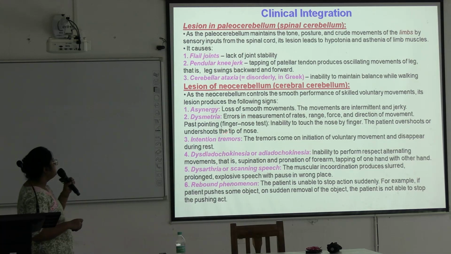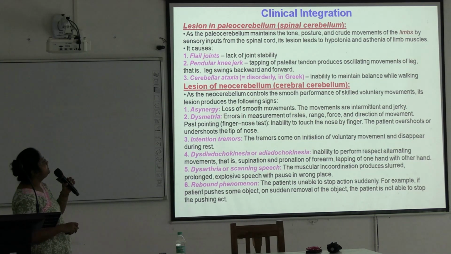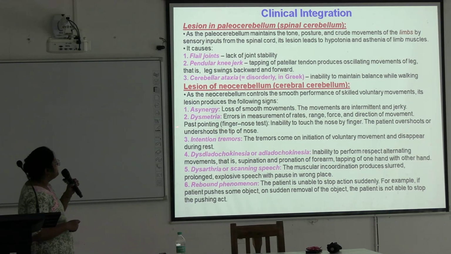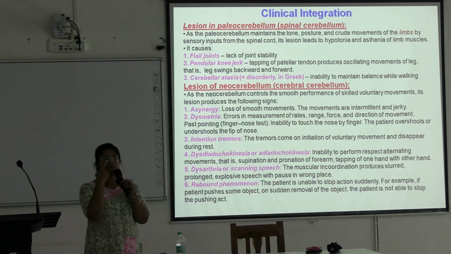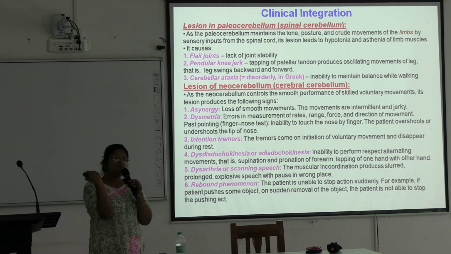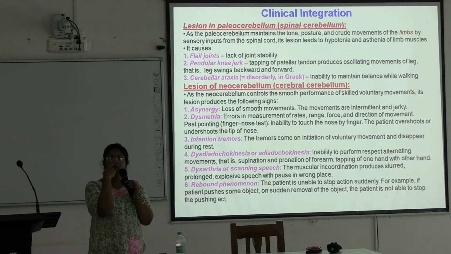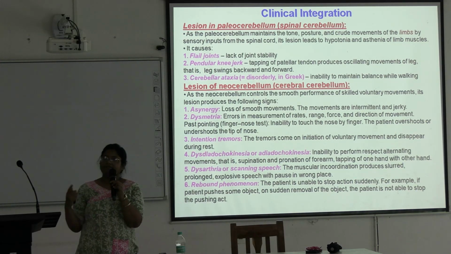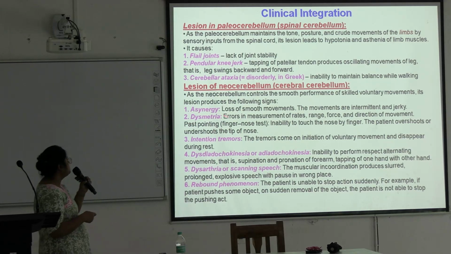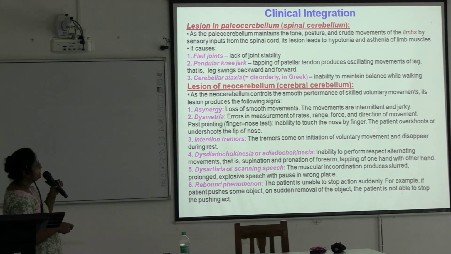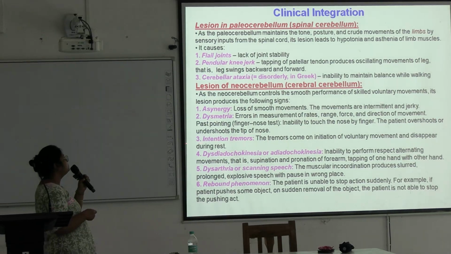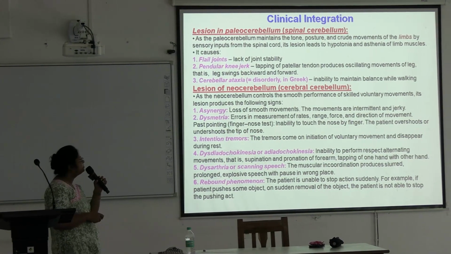Dysmetria, errors in measurement of rate, range, force, direction of movement. Past pointing, finger nose test. If you ask the patient to touch the nose, he or she will not be able to touch the tip of the nose. So this is known as finger nose test, past pointing, inability to touch the nose by finger, and the patient overshoots or undershoots the tip of the nose.